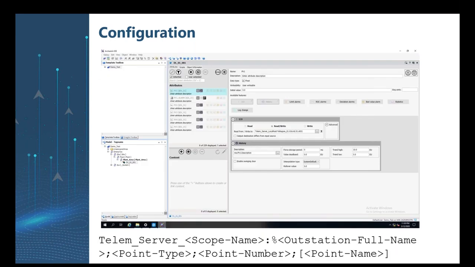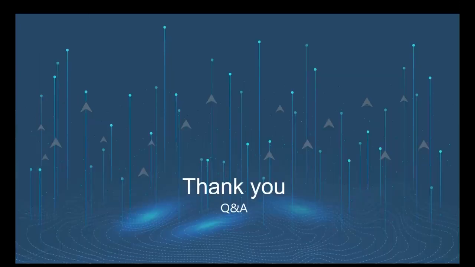From the System Platform point of view, we just have to follow the syntax and simply connect the attribute to the server. And that will be all for this session.